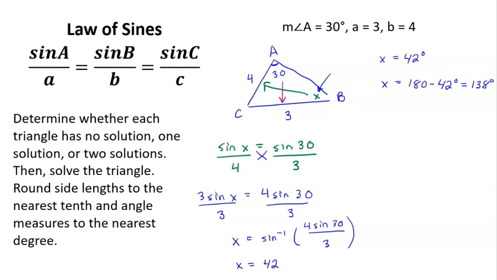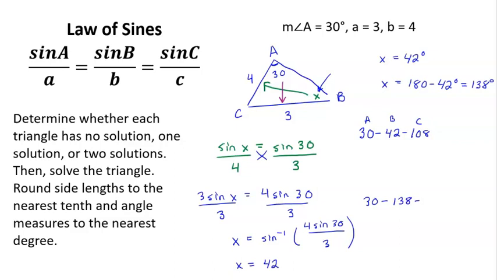And then from here, you're just going to solve out as if you had two different possible triangles to figure out what angle C, and what would be across from that would be. So for one possible triangle, we have a 30, 42, and 108 triangle, where this is A, B, and C. And then we also have that second triangle where we have angle A, which is 30, and then angle B, which is 138.